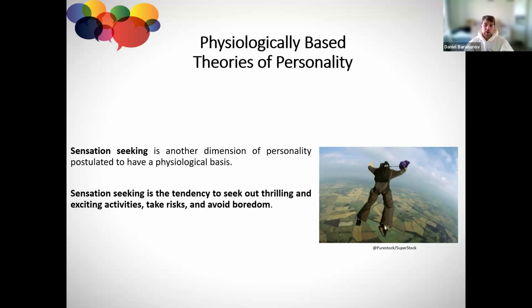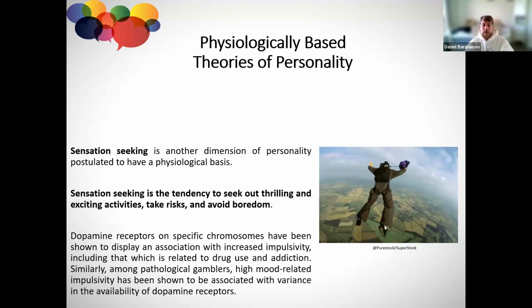So anxious people are completely opposite to that. They don't like new impressions. They already have enough stimulation as it is. It's connected to dopamine receptors. Dopamine is one of the key neurotransmitters in our central nervous system.